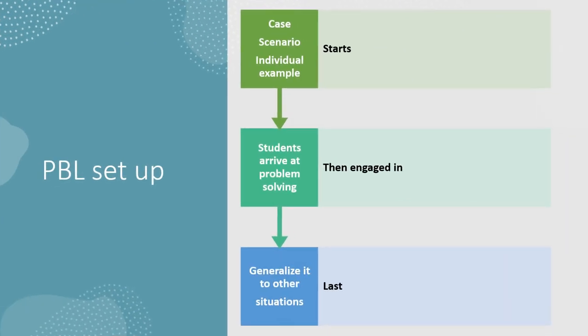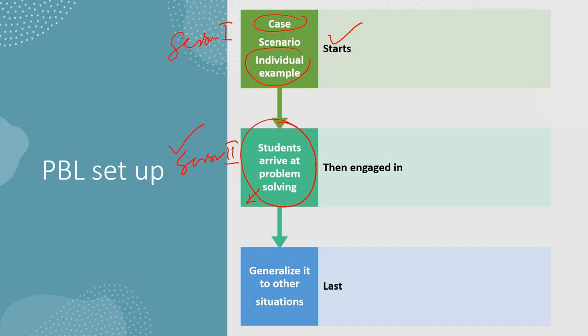Generally in the PBL setup, when the student starts, students are given either a case scenario or an individual example, you see, and then they start the workup in a PBL, and the students arrive at problem solving when they complete the session first. There are two sessions, session first and then session 2, and when they reach problem solving, they gain the problem solving skills while finishing the PBL at session 2.